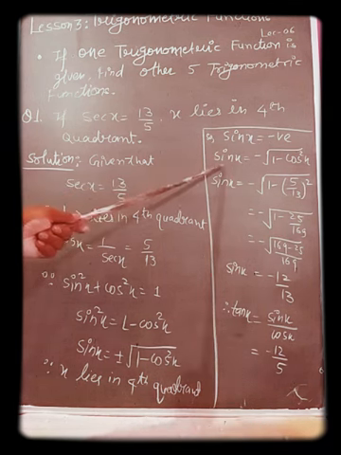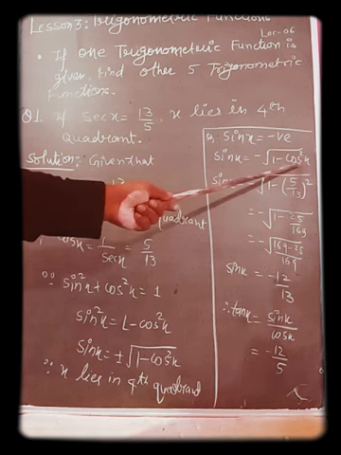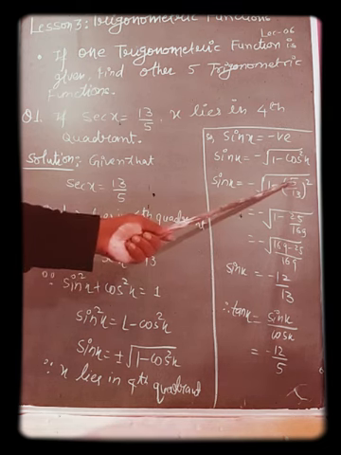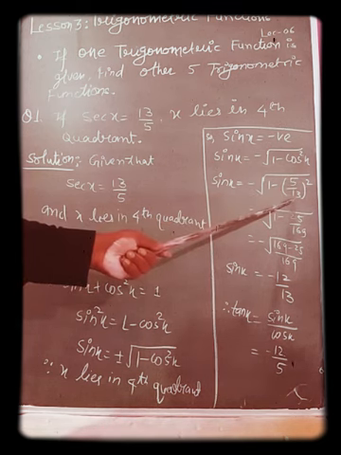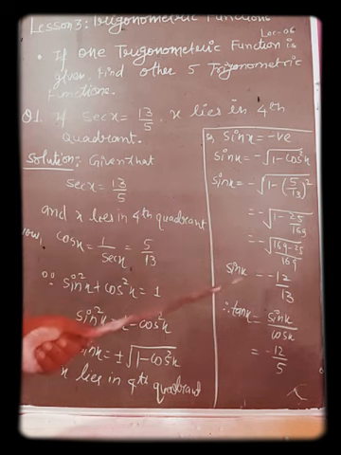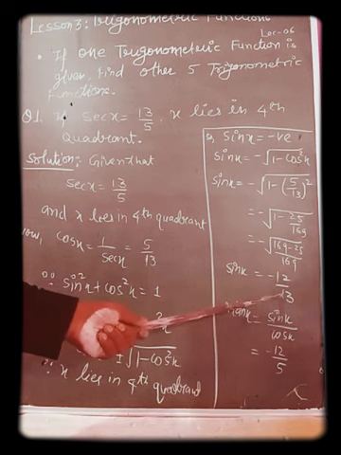So sin of x equal to minus root under 1 minus cos square x, and we have cos of x equal to 5 upon 13. So compute the value 5 upon 13. After solving, we get sin of x equal to minus 12 by 13.